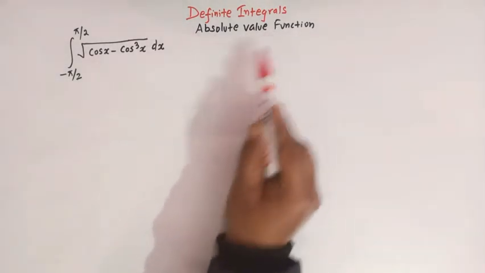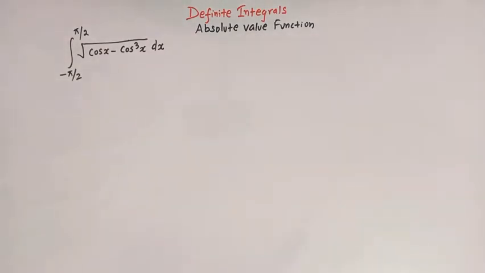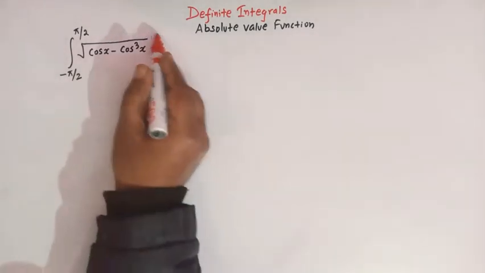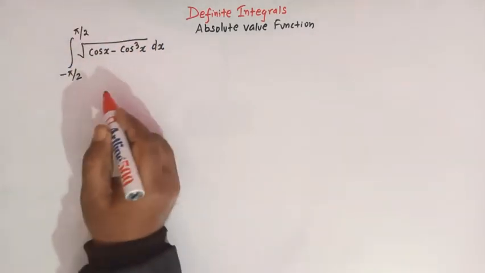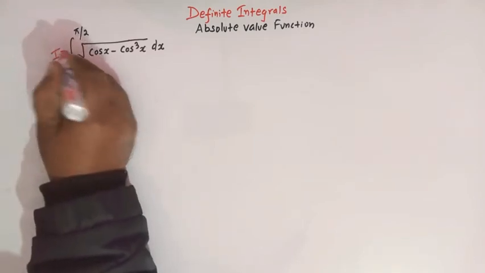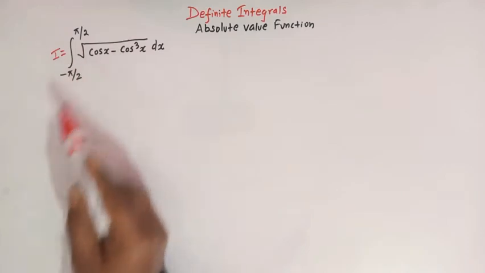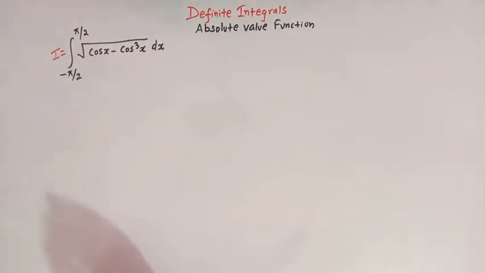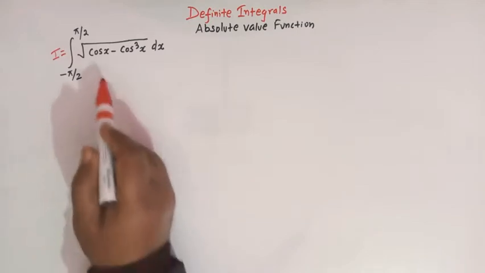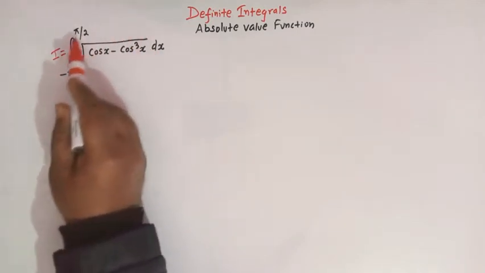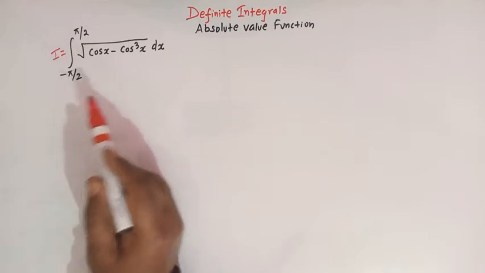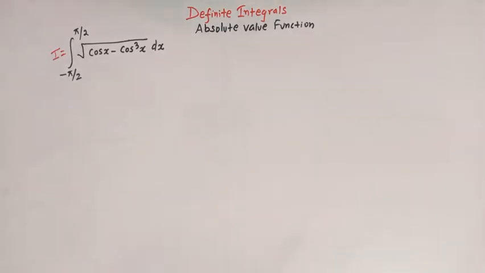Viewers, here I have written the definite integral of an absolute value function, but if we look at this problem, we see that the absolute value function is not written over here. But as we proceed further, we will see that we can convert this integral into one involving an absolute value function.